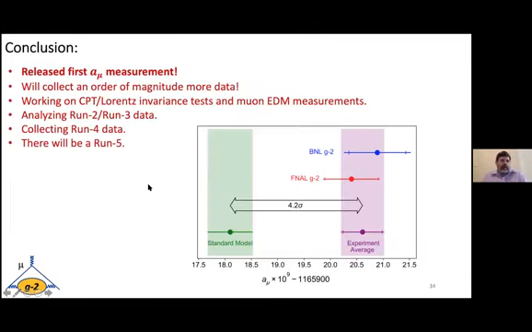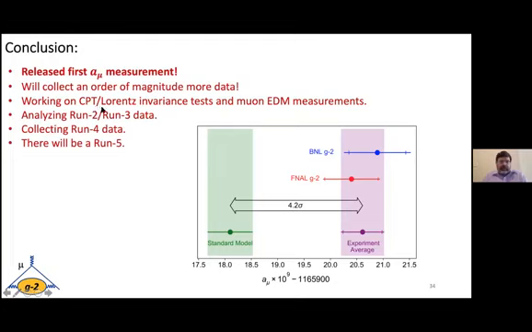So in conclusion, we released our first measurement, so we're all very happy about that. I'd like to point out that this run 1 data set is actually a small fraction of the total amount of data that we're going to collect. We're going to collect an order of magnitude more data than what's in this first measurement. We're also making several other measurements.